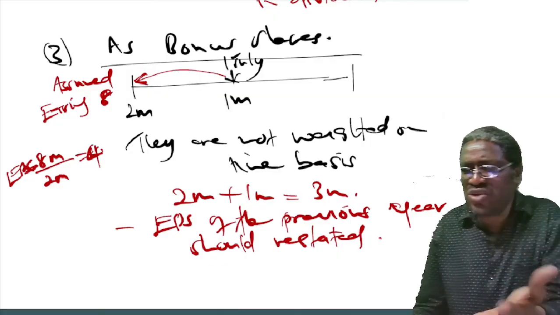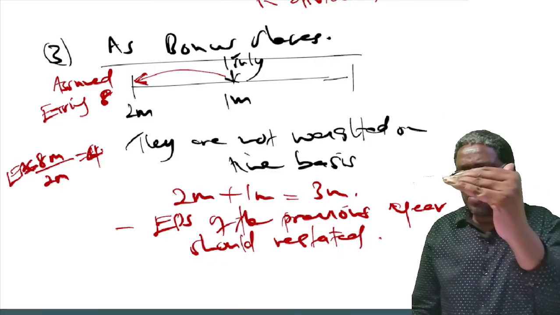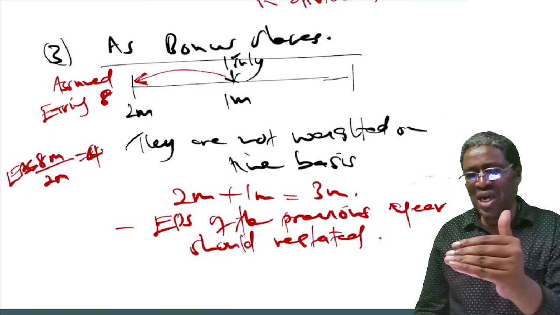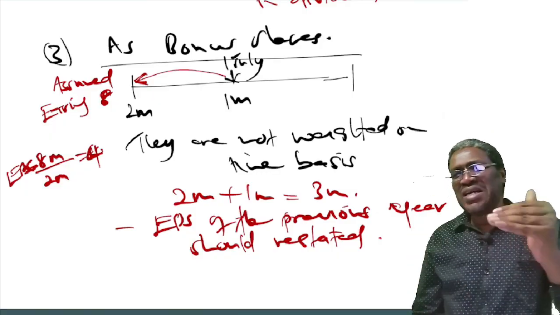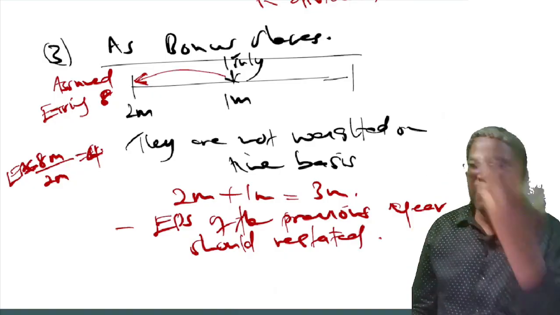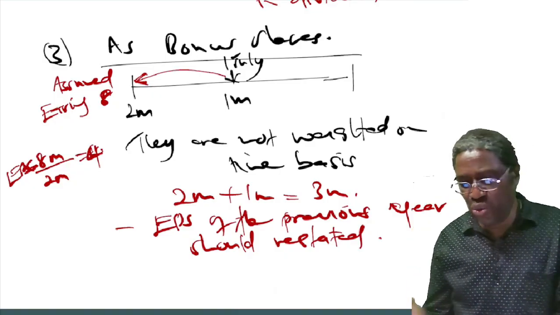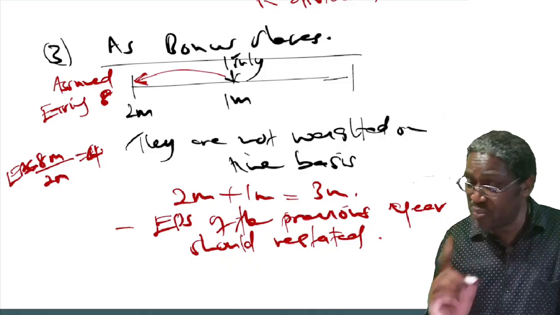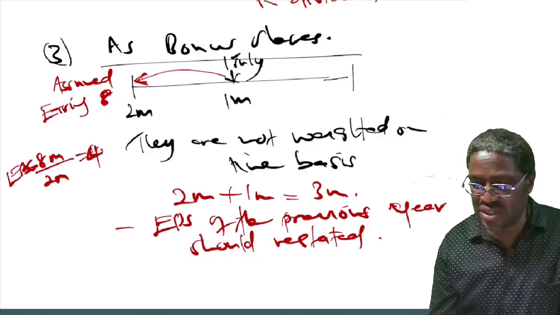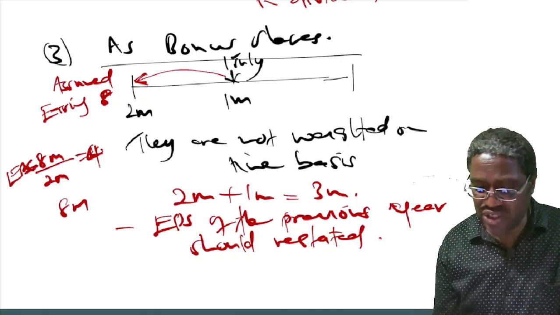Because some questions tell you, number A, compute the basic EPS. Number B, calculate the restated EPS of the previous year. To calculate the restated EPS, you will take the earnings last year, which from our illustration is 8 million.